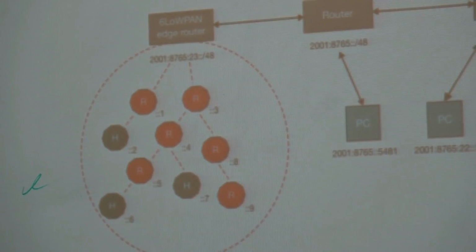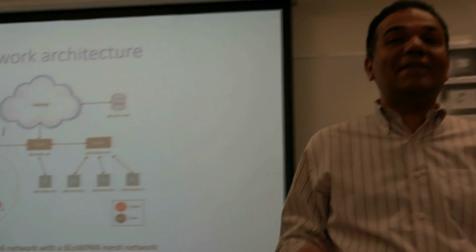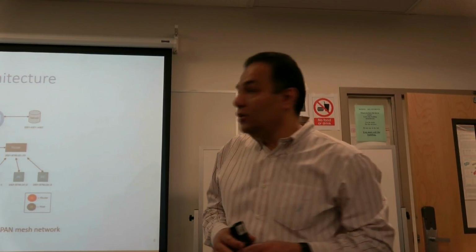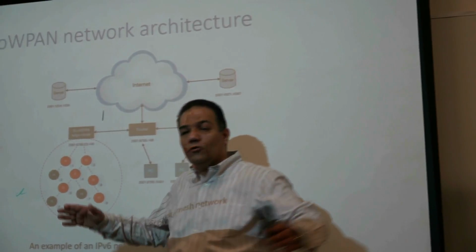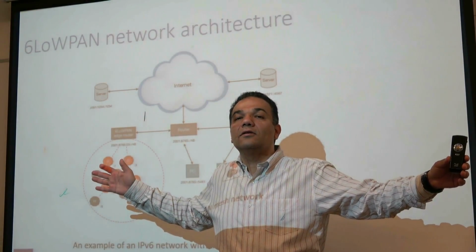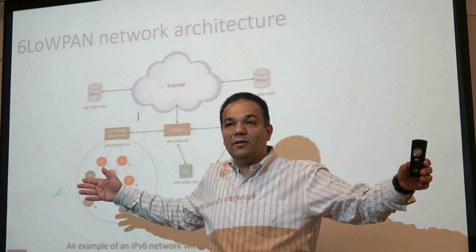What's the difference between a host and a router? A router always has a routing table. A host does not have a routing table. Now, when they communicate locally in here, we don't need to have the prefix. Remember, the IP address is two parts: prefix and host.